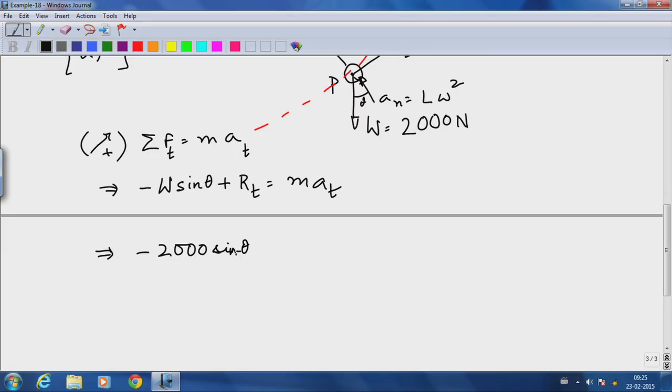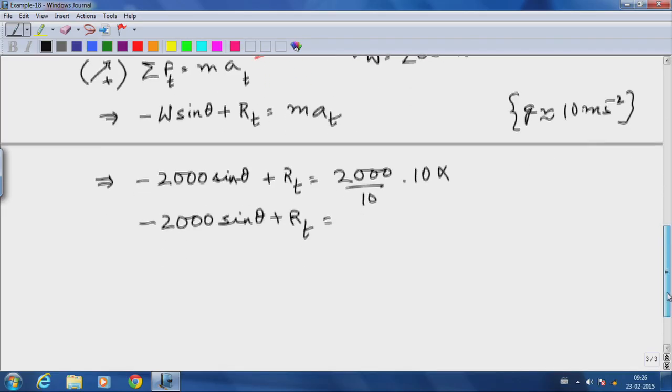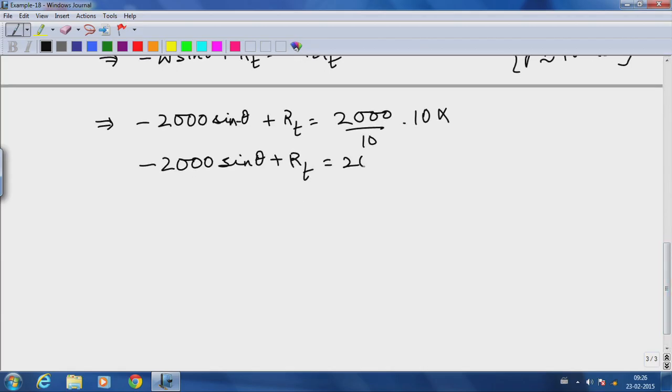I want to leave this at some generic angle theta, plus R sub t equals 2000 divided by 10, taking g as 10 meters per second squared, times 10 alpha. A sub t is 10 alpha. So, I have my first equation: minus 2000 sin theta plus R sub t equals 2000 alpha. This is what I will call my equation 1.